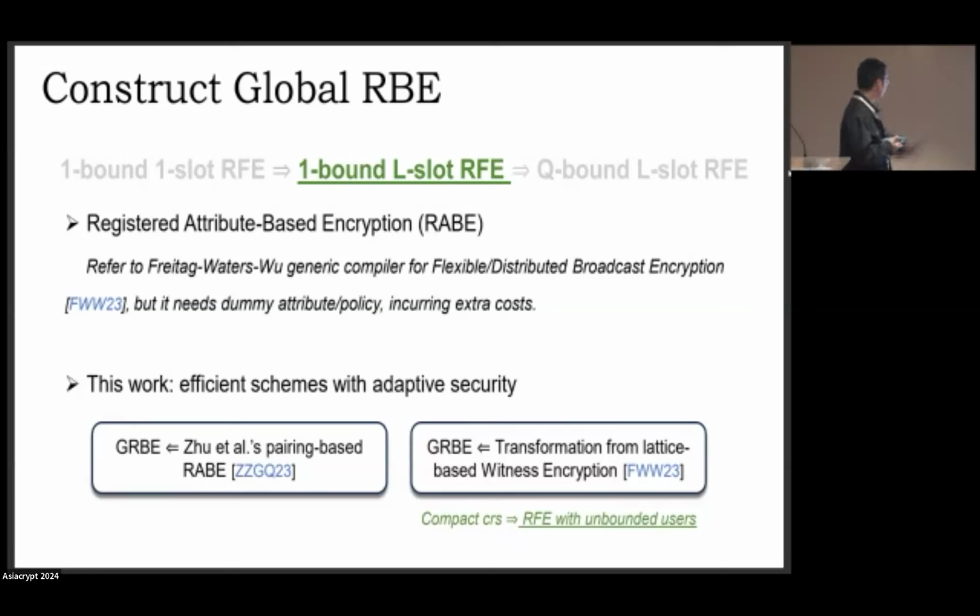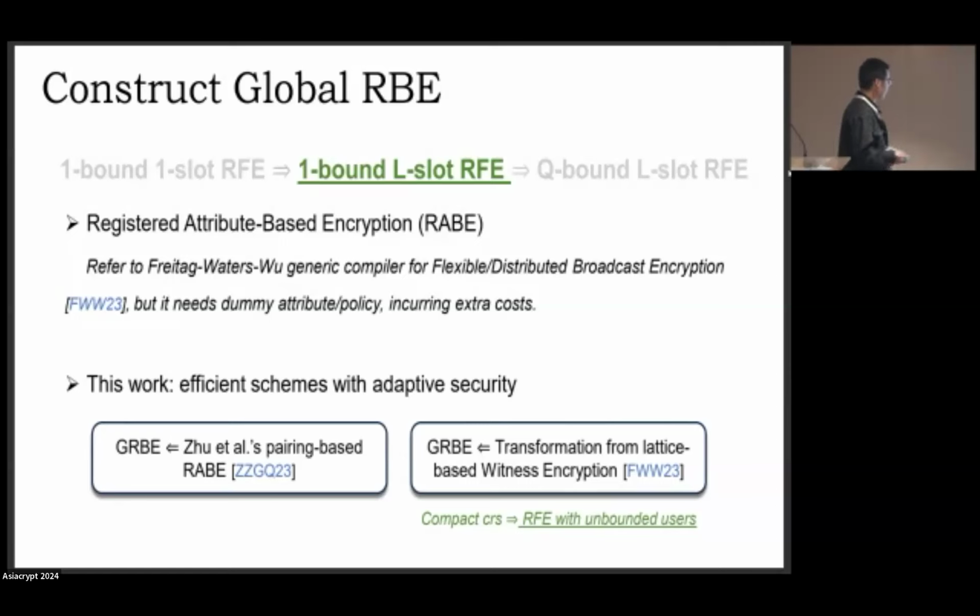Here we can refer to Freitag, Waters, and Wu's generic compiler for flexible distributed broadcast encryption. But this method always needs to set some dummy attribute or policy, which will incur extra cost. So in this work we refer to this method to provide a more efficient GRB.